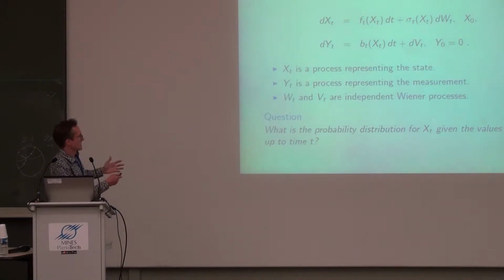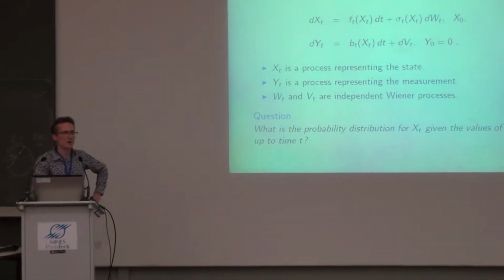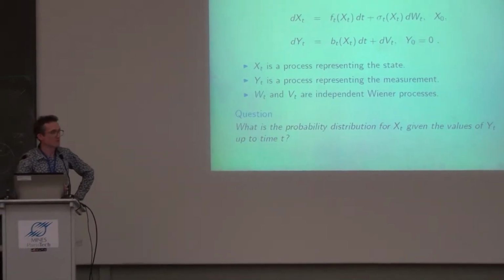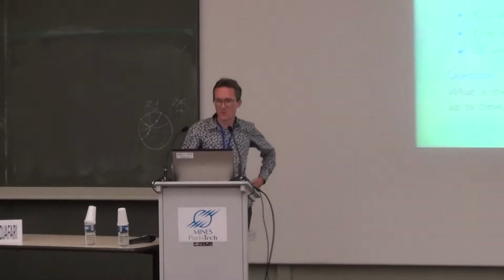The question one wants to answer is, we can never find out what x is, but we can try because we know y is a noisy measurement, but we can try and work out the probability distribution for x, given the values of y that have happened so far. So that's the first question, and that question's solved, but was solved a long time ago.